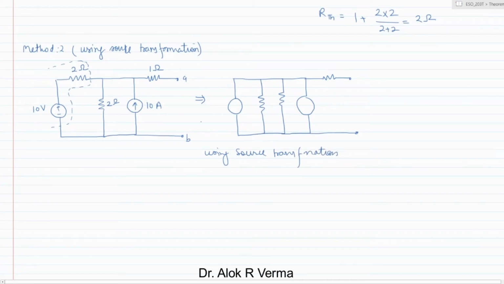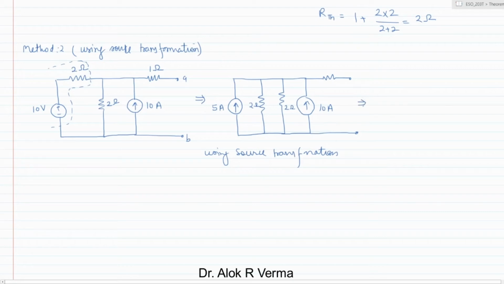In this circuit, if you are applying source transformation, the resistance will be the same, 2 ohm. This is anyway 2 ohm, which is not disturbed. This is 10 ampere. What is the value of this current? This is Vs by Rs, which is 10 by 2. So this will be nothing but 5 ampere with this direction.